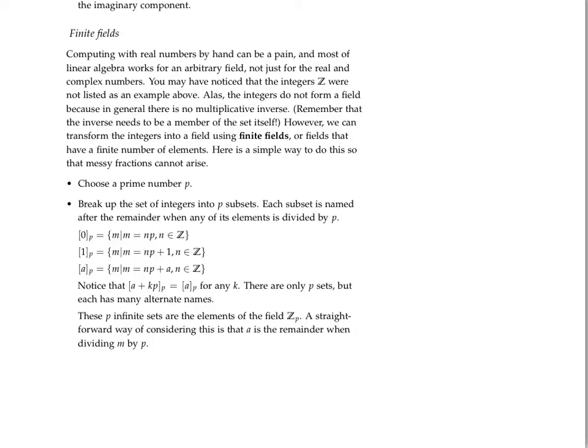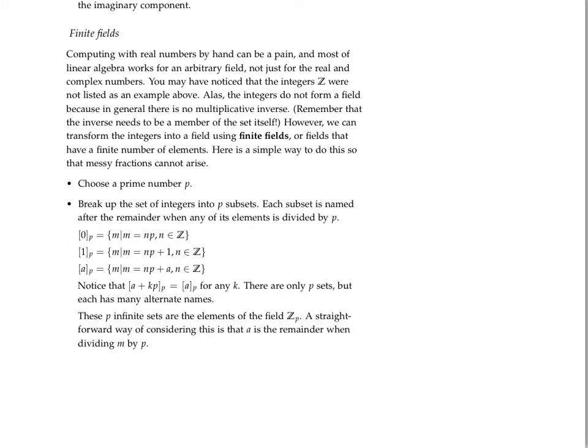So the set of elements, this straight line here means such that m equals n times p, where n is an integer. So what does that really mean? This means the set of elements such that each element is equal to an integer times that prime number. So that basically means these are all the things that are exact multiples of that prime number.